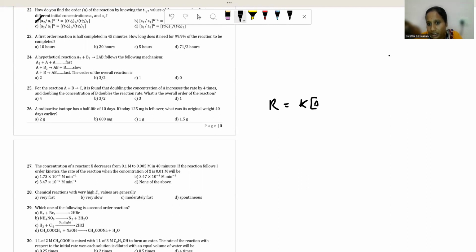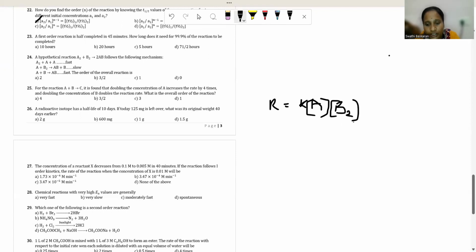One is A, the concentration of reactant term A, and then we have the other concentration term B2. So this is B2. Okay.